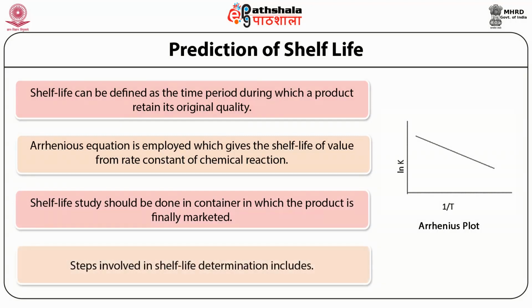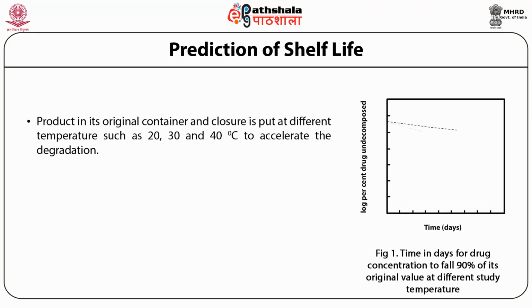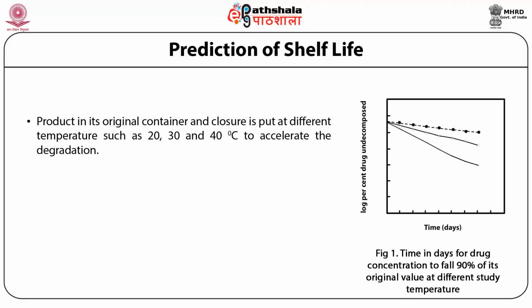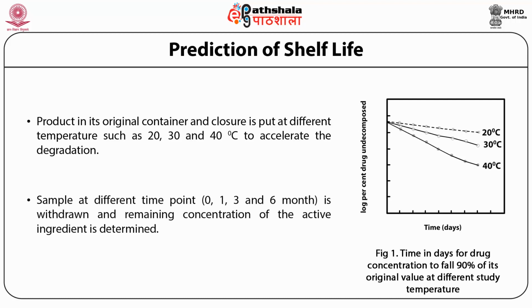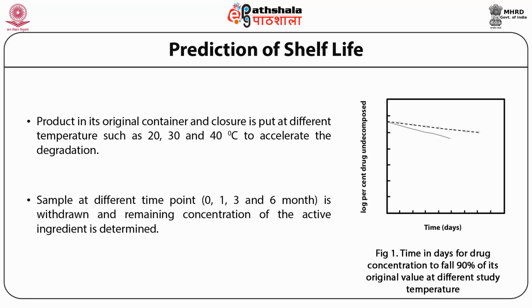Steps involved in shelf life determination include: the product in the original container and closure is put at different temperatures such as 20, 30 and 40 degrees Celsius to accelerate the degradation, and samples at different time points, that is 0, 1, 3 and 6 months, are withdrawn, and the remaining concentration of the active ingredient is determined.